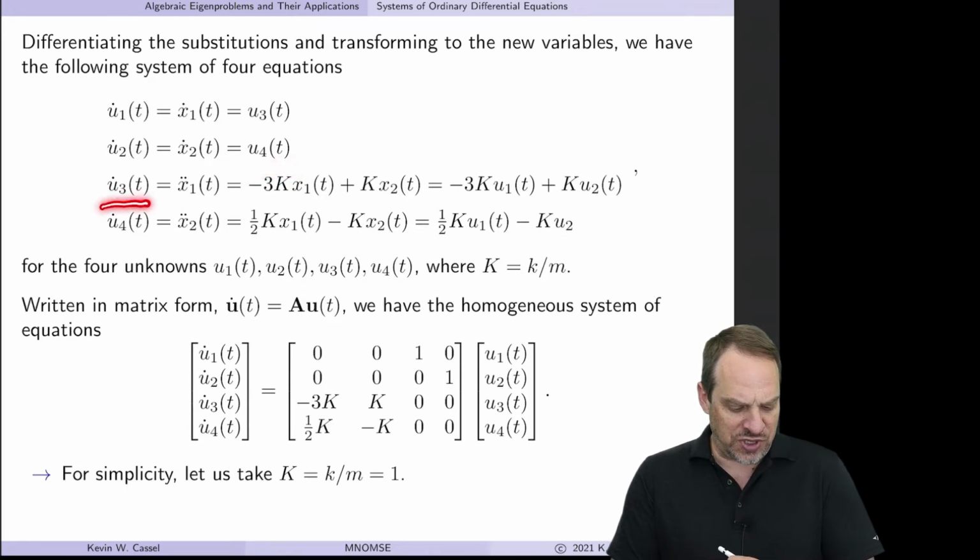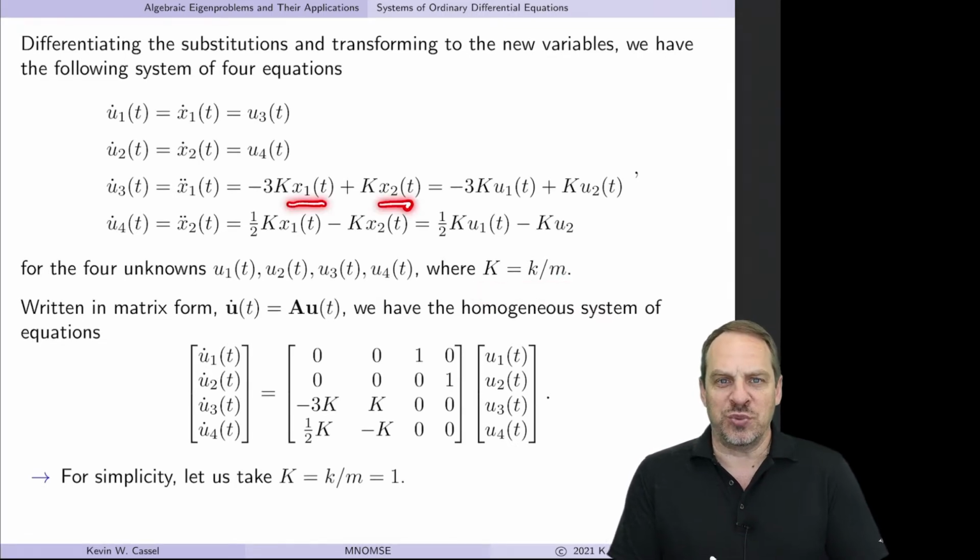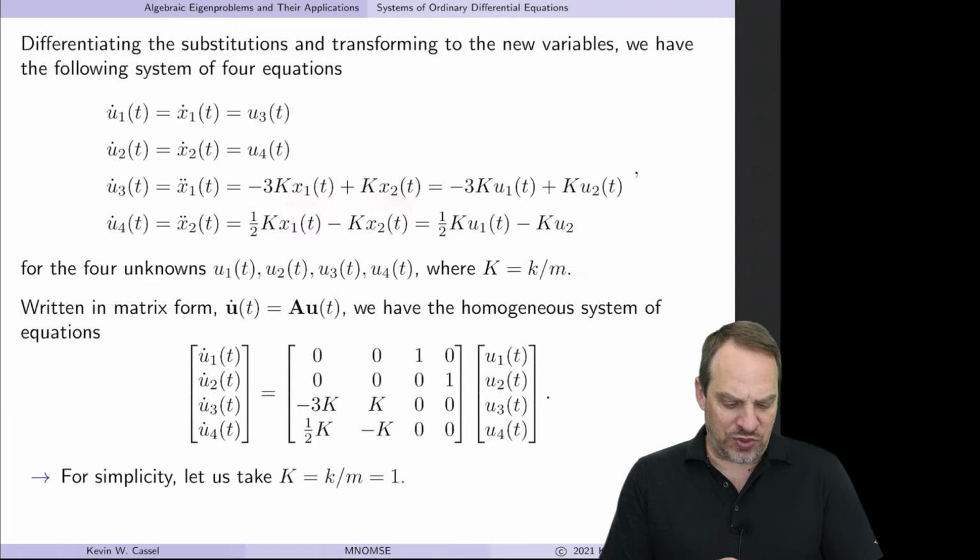And then u3 dot is x1 double dot. x1 double dot we get from the first of the governing equations, which was minus 3 capital K x1 plus capital K x2. Here capital K is the spring constant k over the mass m. And again, we want to write this in terms of the new variables u1, u2, u3, u4, not x1, x2. So x1 is u1, x2 is u2.